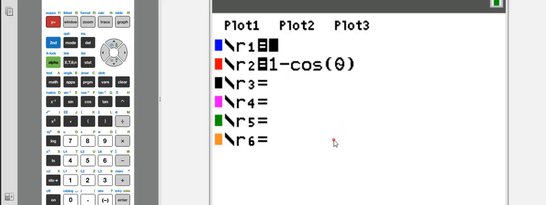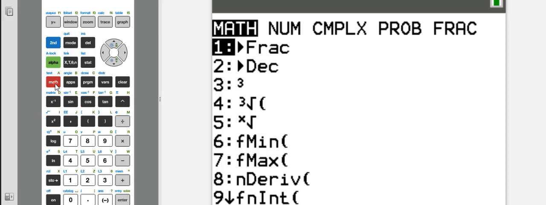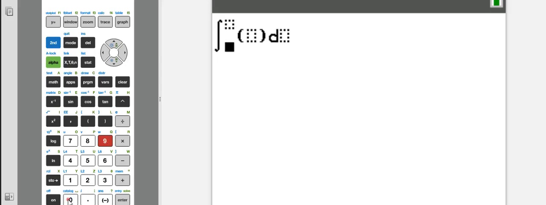And remember, our R1 was 1 and R2 was 1 minus cosine theta. So use math, function integral. We're going from 0 to pi over 2.